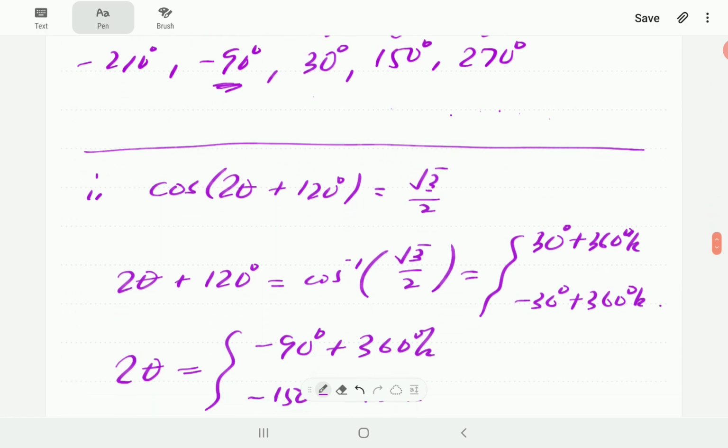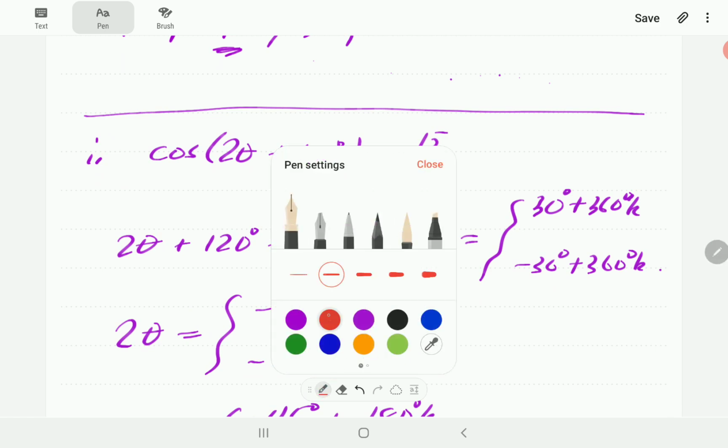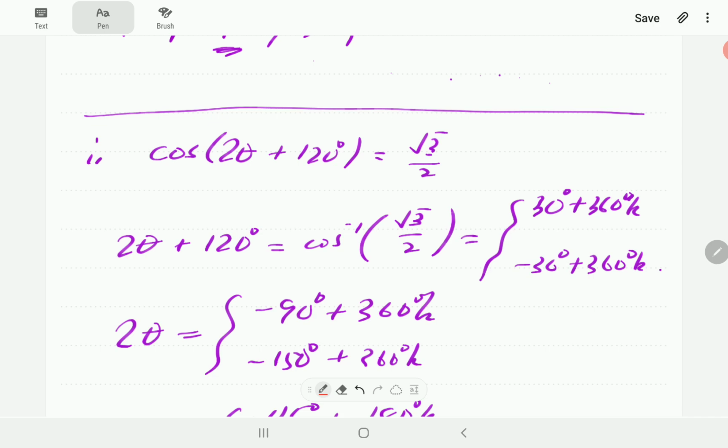All right, so for I, we've got cosine of 2 theta plus 120 equals root 3 on 2. So we ask ourselves, where is cosine positive? It's going to be the first quadrant and the fourth quadrant. And then we take inverse cosine of root 3 on 2. It's going to give us 30 or minus 30.